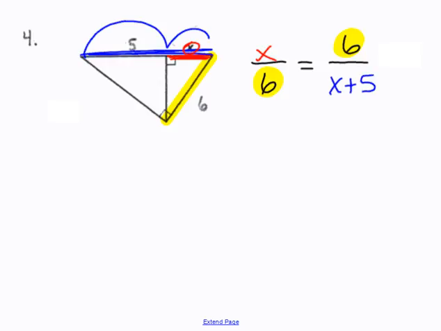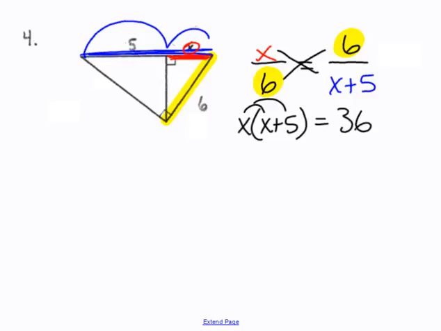That doesn't look good, guys. All right, well, let's figure this out. We'll get it. Okay. So now I've got x times x plus 5 equals 36. Okay. So now I have to distribute.